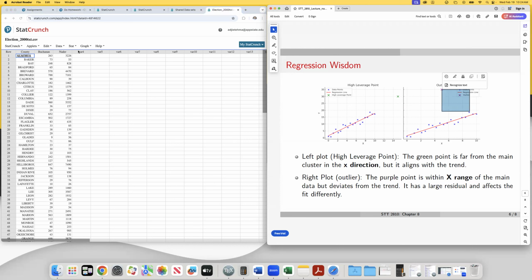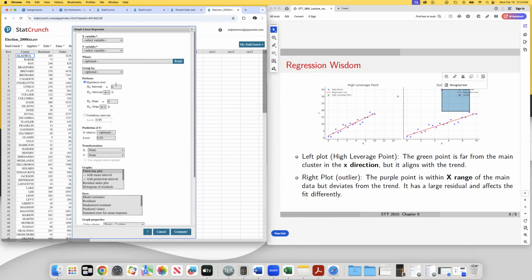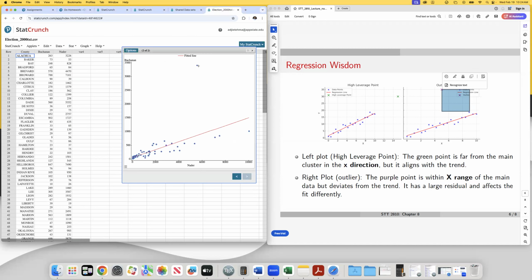The other thing you could also do is look at this one here. This one is very clear because it's really far from the rest of them. I think this is the next highest one here. So for outliers, we are looking at the y.